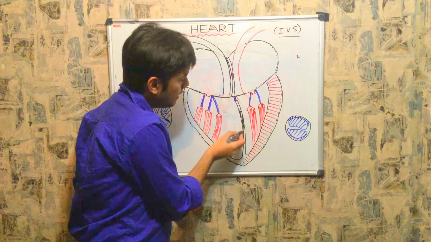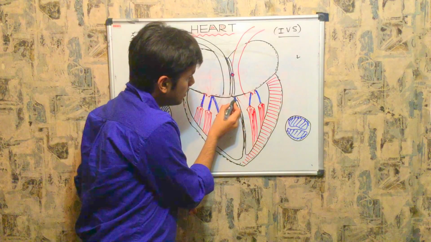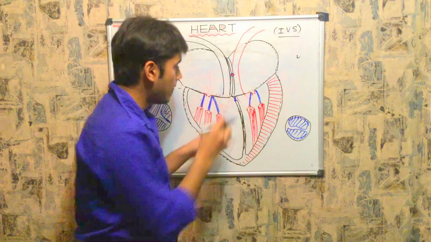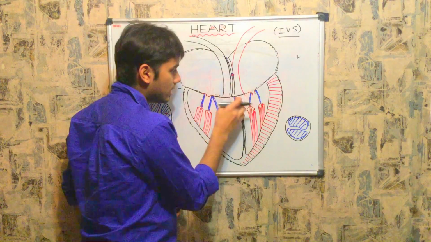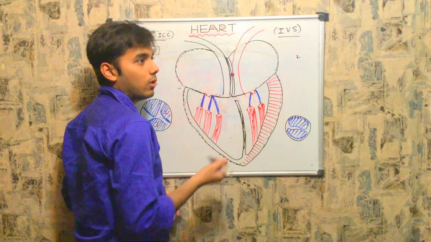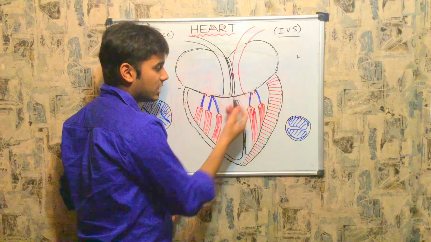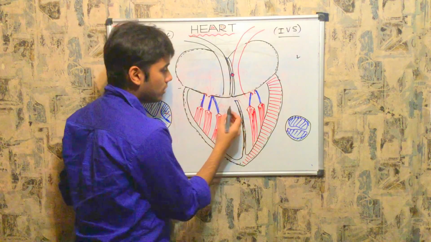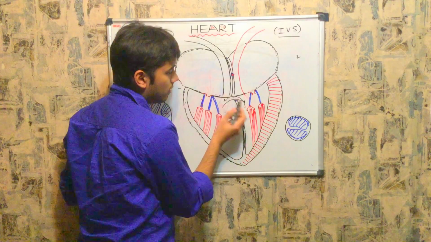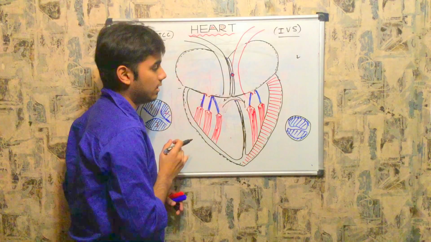If this membranous part is not closed, or if this membrane disrupts, there is a formation of a gap or communicating junction between the 2 ventricles, so that blood may exchange from right to left or from left to right during ventricular systole.